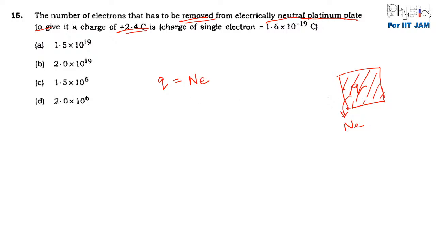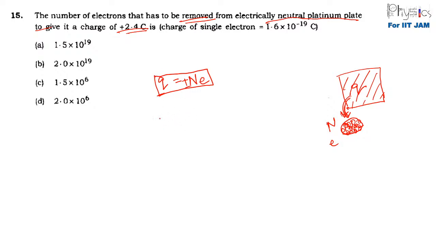If n electrons are removed from this plate, then the total charge of the removed electrons is n times e. If n is the number and each electron has charge e, then n times e is the total charge, that is equal to Q. That means Q equals plus or minus ne. This was the formula we studied in our school, right?